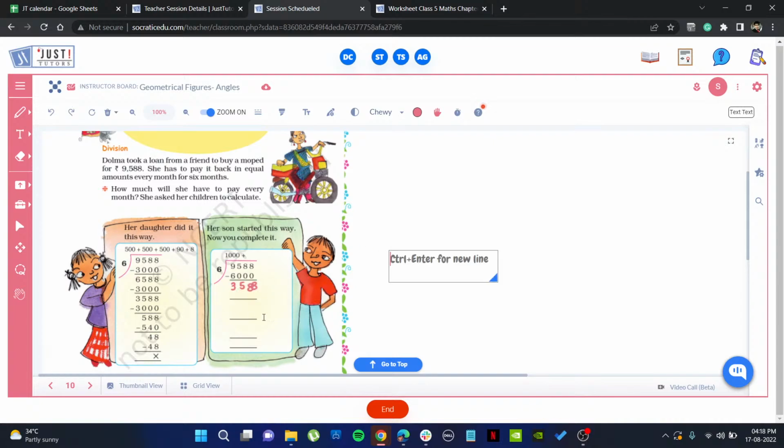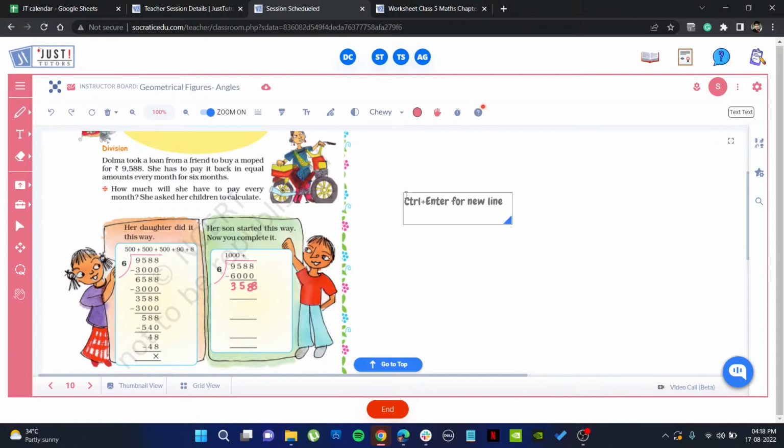So we get 3588. Now we should think of a number so that if we multiply it by 6, we get an answer near to 3588. So what could be that number?